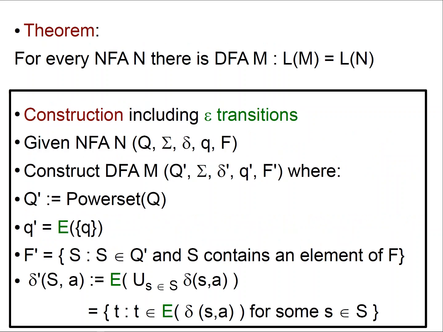Okay, so here is the theorem again, and here is the construction which now includes the epsilon transitions. And it's just like before. Q prime is the power set of Q. Now the start state q prime is E of the set containing the start state of N. E is also called the epsilon closure.